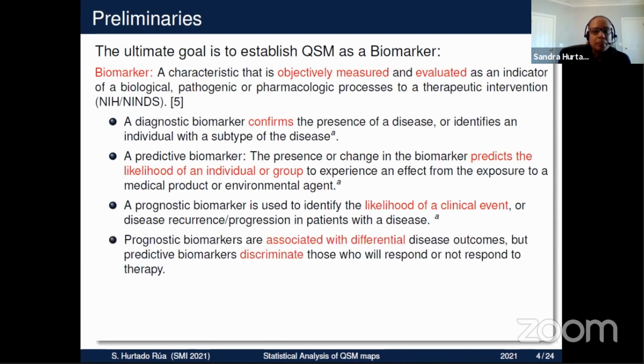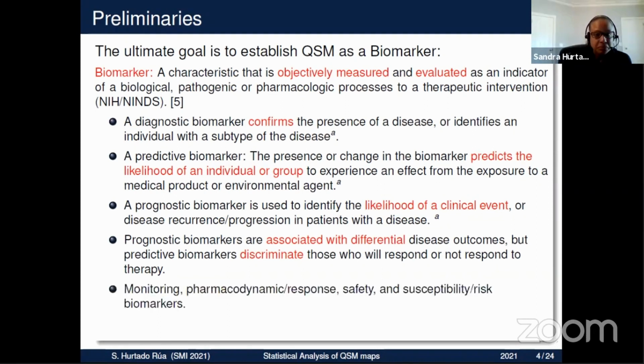They have different objectives: prognostic is associated with differential disease outcomes, while predictive discriminates the response to treatment. There are all types of biomarkers, but here we are looking into the prognostic and predictive characterization of QSM as a biomarker.